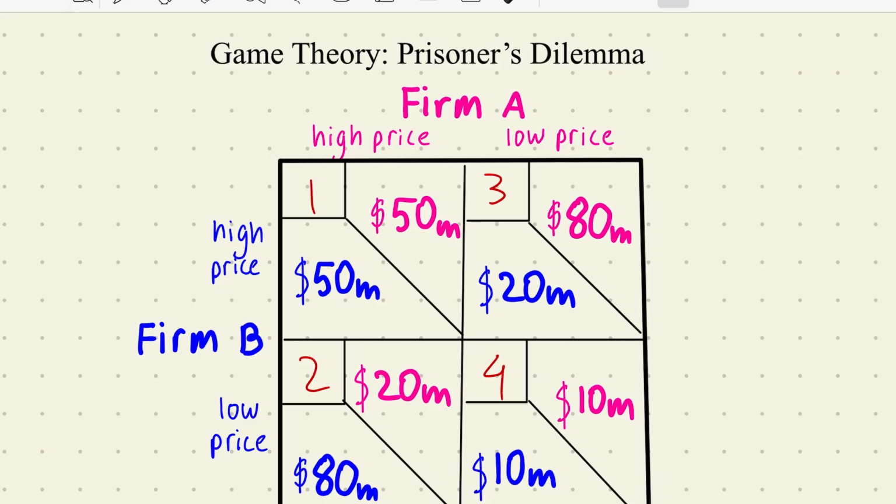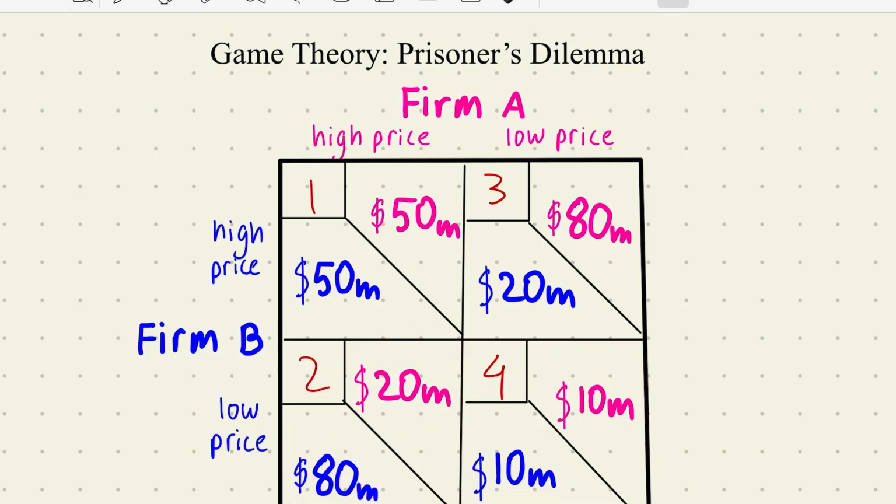The idea is that if you both don't cheat and you both follow the rules, you have this payoff. If one of you cheats, one of you gets a good payoff, 80 M's, and the other one gets a 20 M payoff. But if you know that this person is going to cheat, you're also going to cheat. If you think you're going to cheat, you're hoping you get this payoff, but in reality, if you both cheat, you end up with this payoff, the smallest payoff possible.